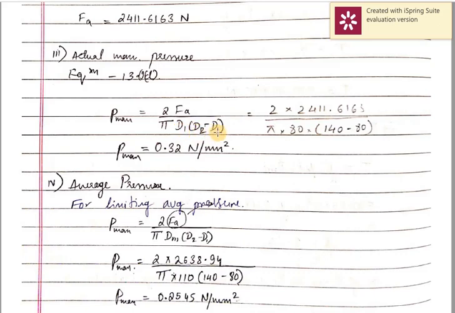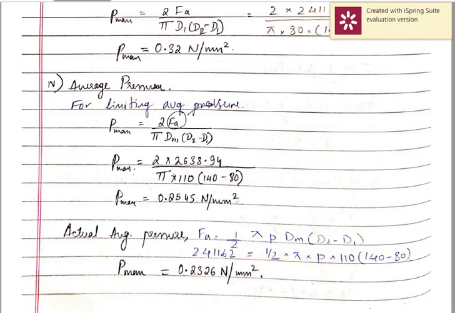Please write this equation for maximum pressure. So here substituting the values for axial force as 2411.6163, pi, d1 value we have 80, d2 value we have 140. We get actual maximum pressure as 0.32 Newton per mm square.